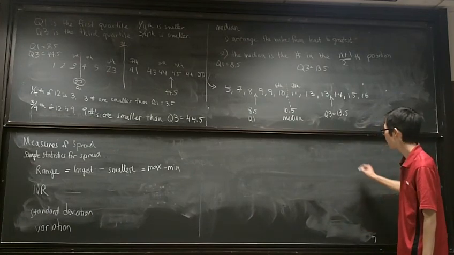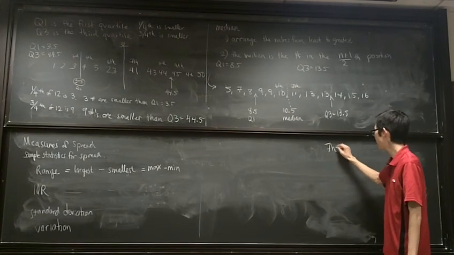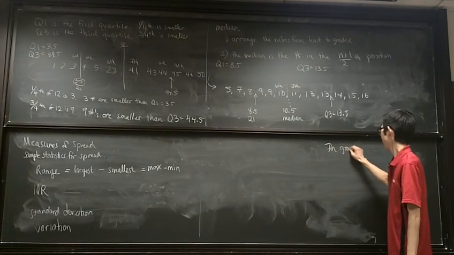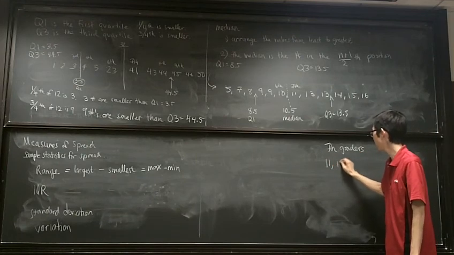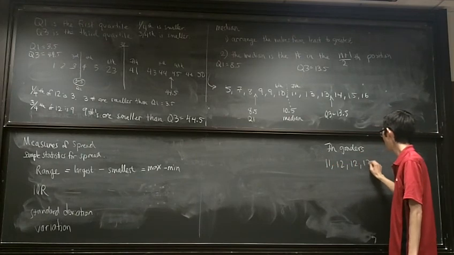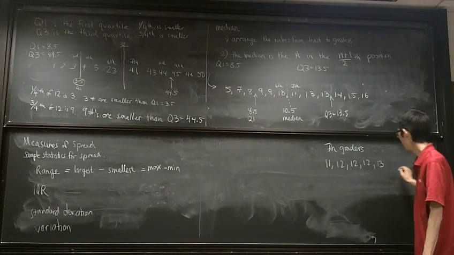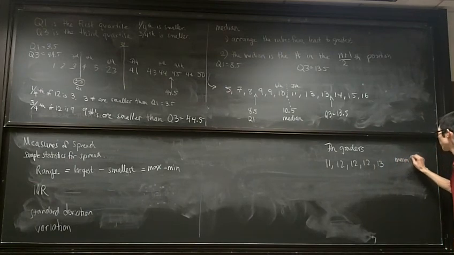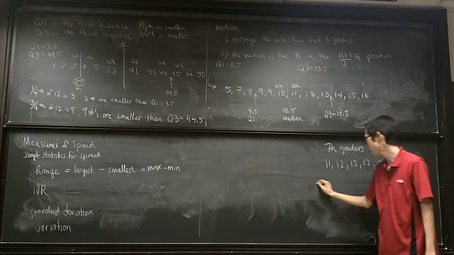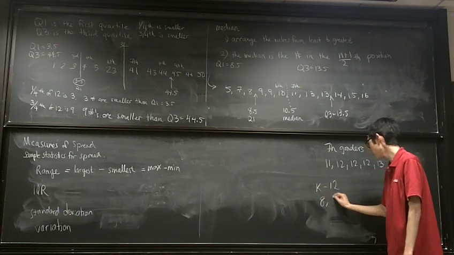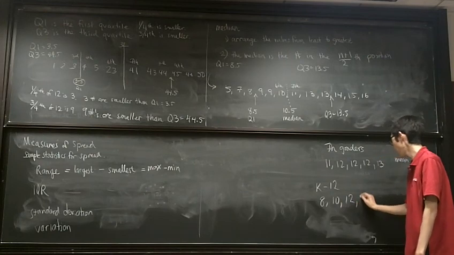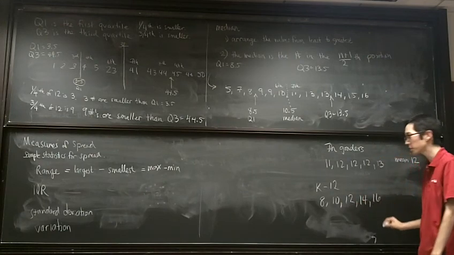Sometimes books will write this as the maximum minus the minimum. Okay, so if you think back, we had two groups of students. We had the 7th graders, and their ages were 11, 12, 12, 12, and 13. And the mean was 12. And then for the K through 12 students, we had 8, 10, 12, 14, and 16.